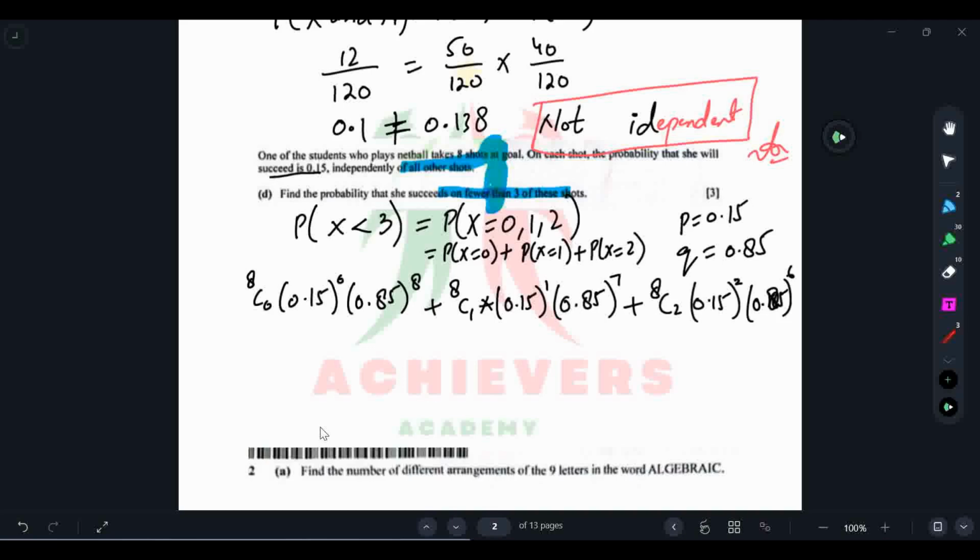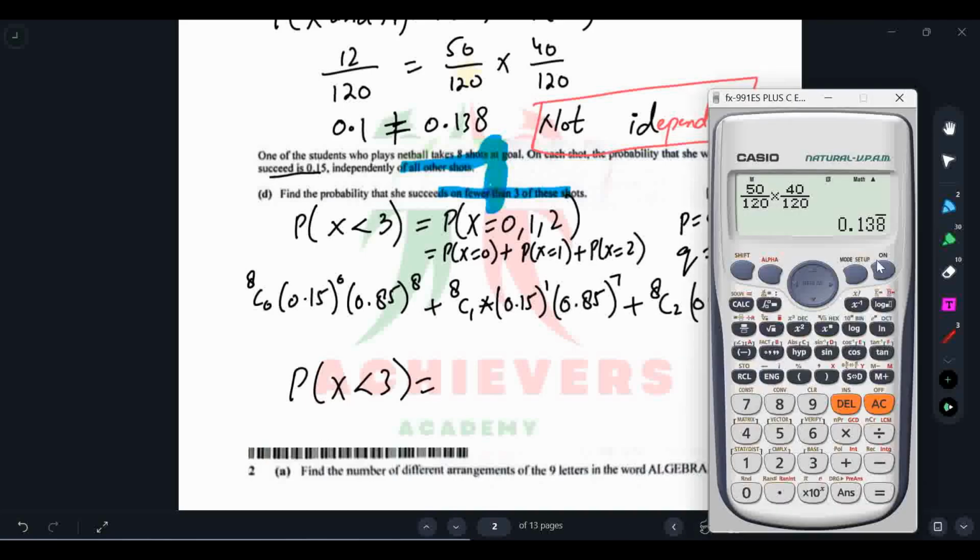Now let me see the final answer. Probability of X less than 3 will be equal to, we can use the calculator.